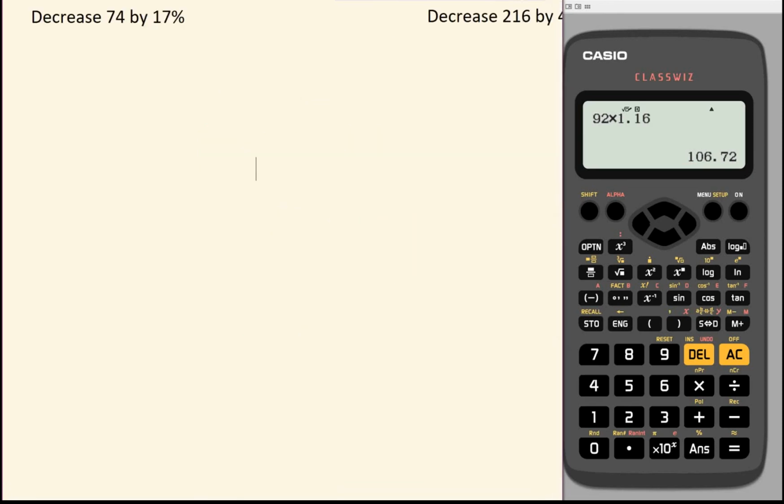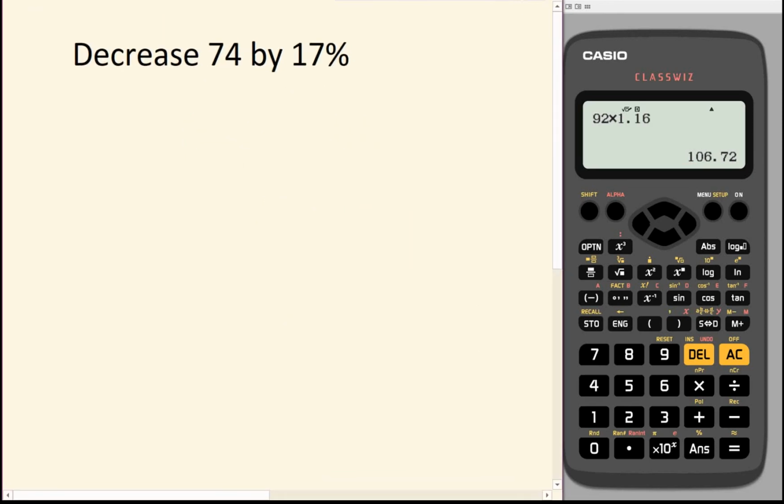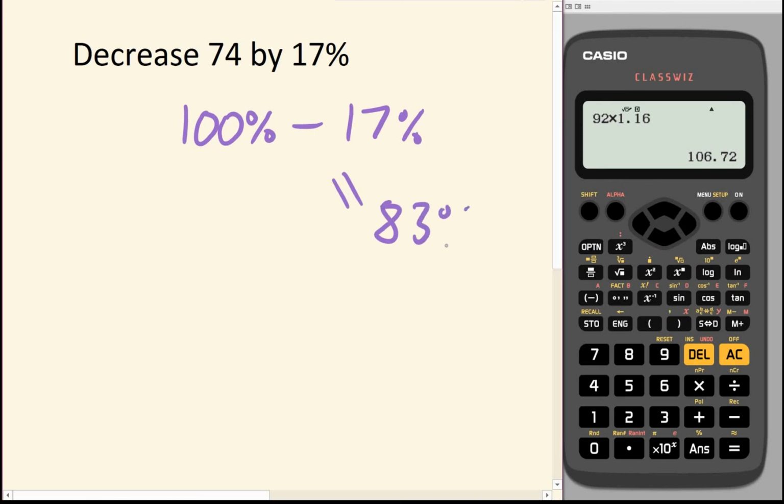We can do the same thing with decreasing. It's a tiny bit more awkward, but not much. Here, I want to start with 100% of my value, which is 74, and I want to decrease it by 17%. I want to take off 17% from my original value. If I do that, I have 100% minus 17%, so I'm going to be left with 83%.